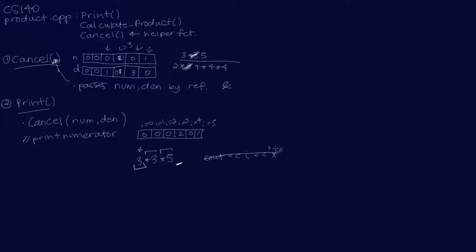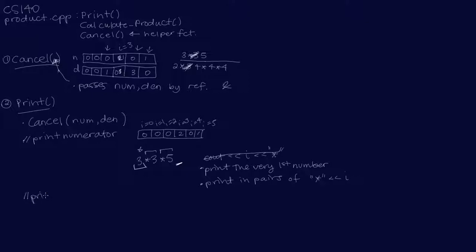And instead of printing this way, we are going to print the very first number, and then after that, print in pairs of the asterisk and then I. And you can just pair everything off after the first number, which makes printing the numerator a lot easier.